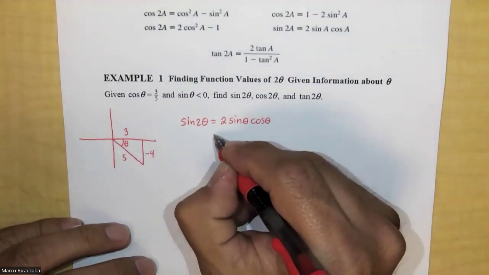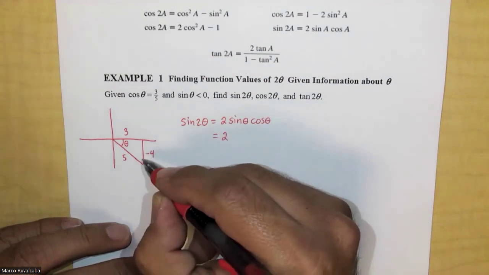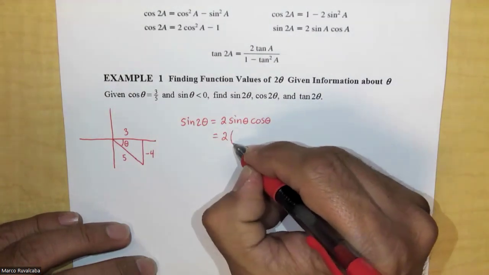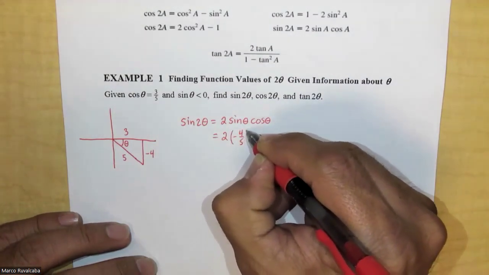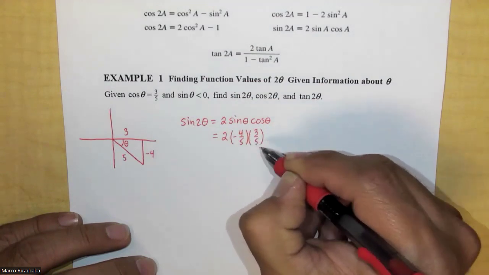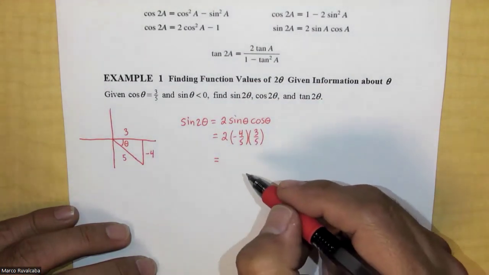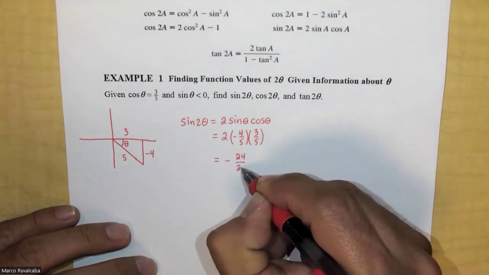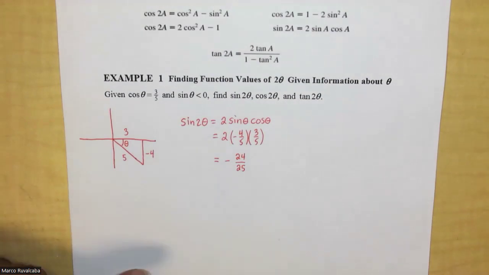And then we just plug in the values. Sine theta is opposite over hypotenuse, that's negative 4/5. And cosine theta, we were given as 3/5. If you multiply those, you will get negative 24 over 25. So that's sine of 2 theta.